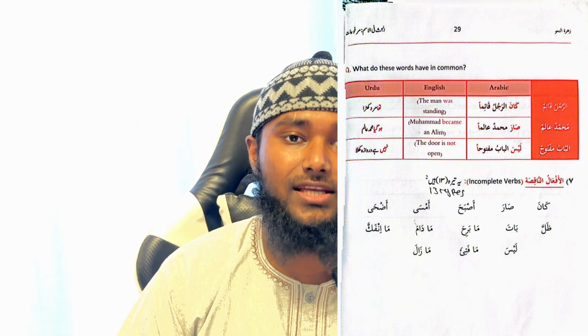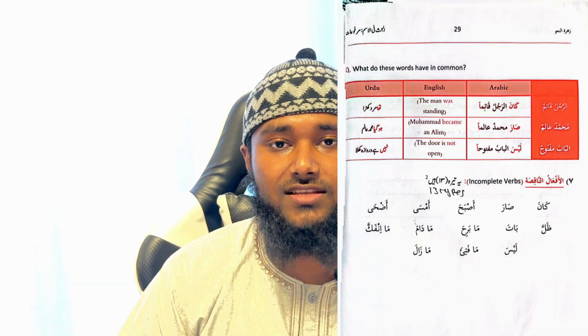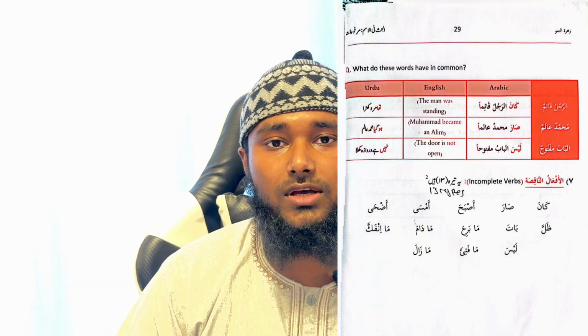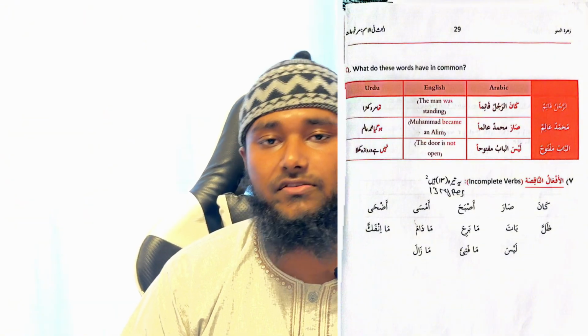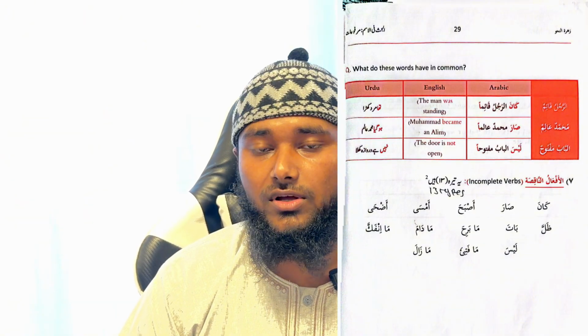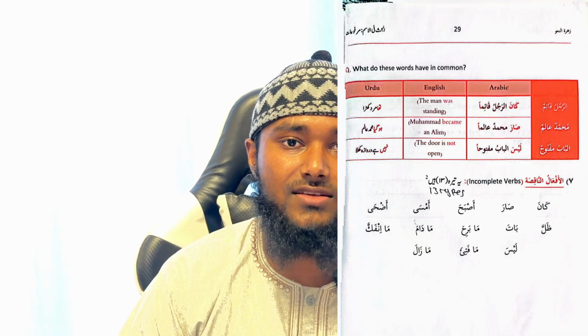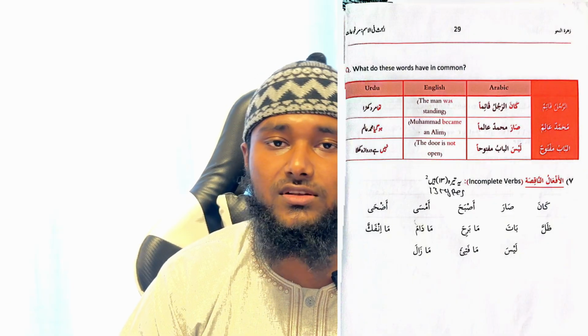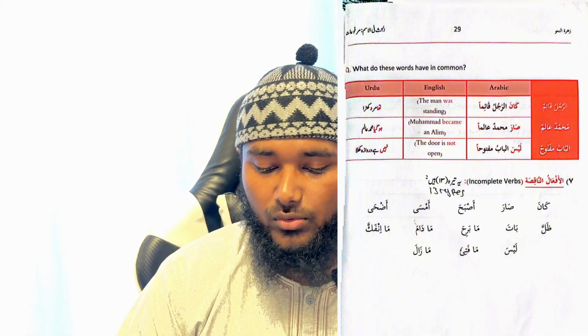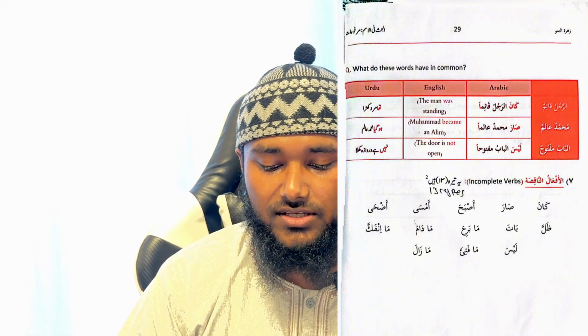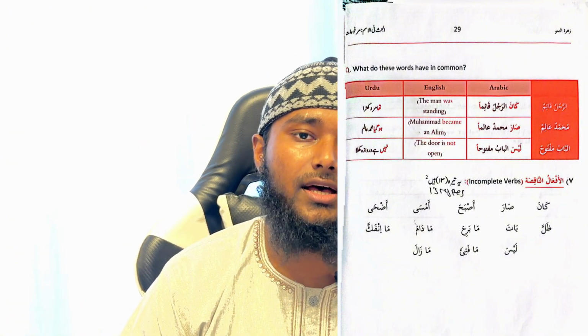So again, the mubtada, the subject of the sentence that these words go into, will remain in the rafa' case, and it will make the khabar, the information of that sentence, move from the rafa' case to the nasab case. The author brings an example, and the first example he mentions is كان الرجل قائما.